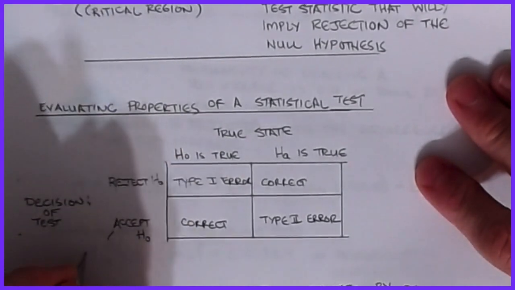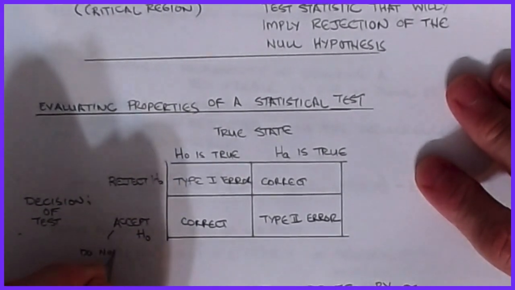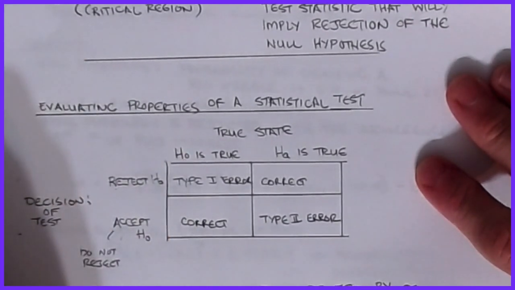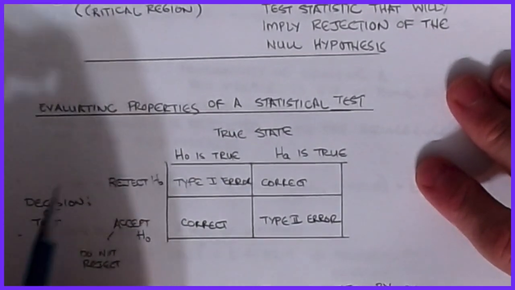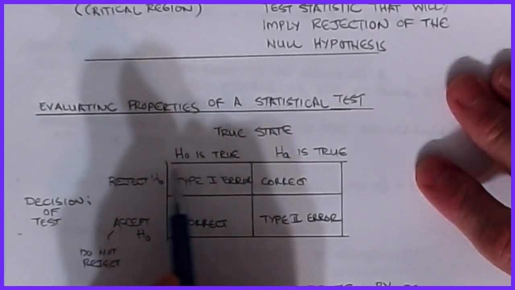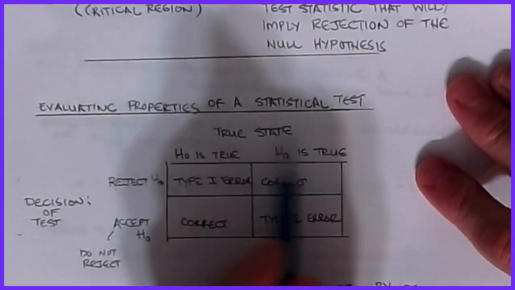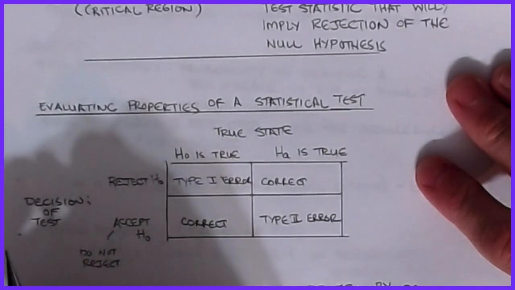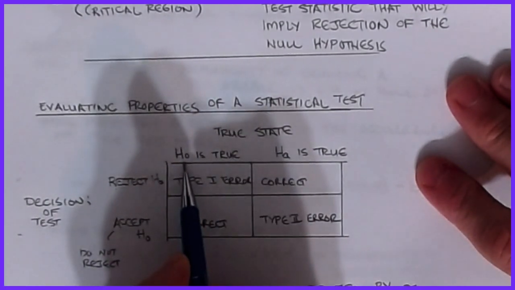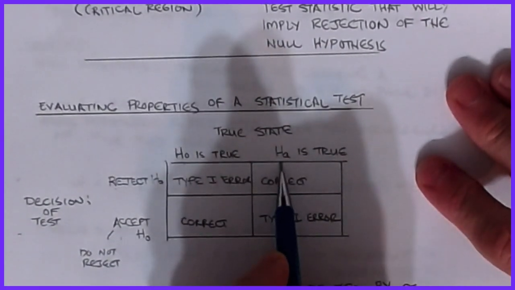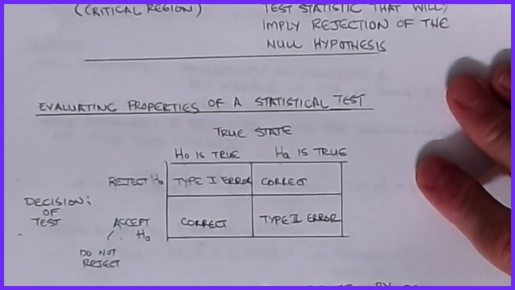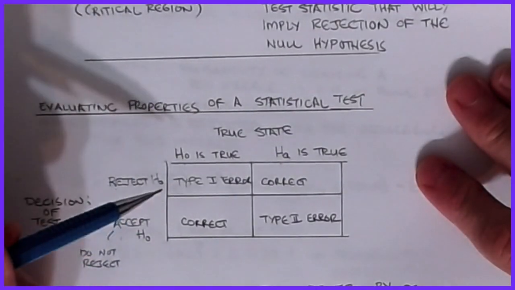This is probably better written as do not reject, because as you'll see, accepting something does not imply that you're rejecting it and vice versa. The horizontal axis is what reality is, or what we call the true state. We have the state that H0 is true, or the state that HA is true. And some interesting things can occur here.